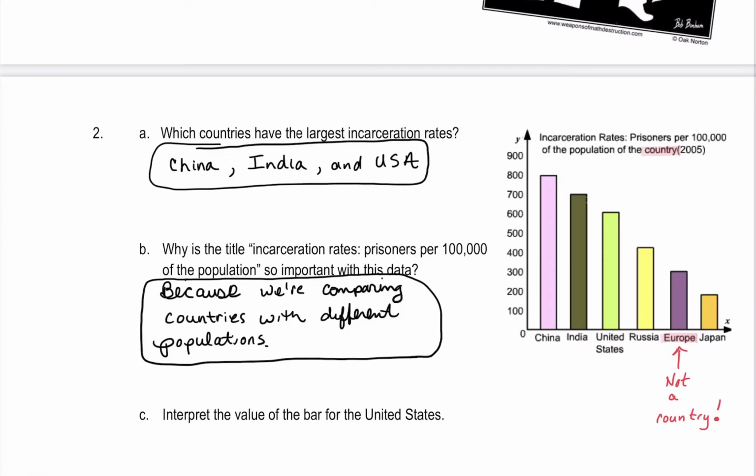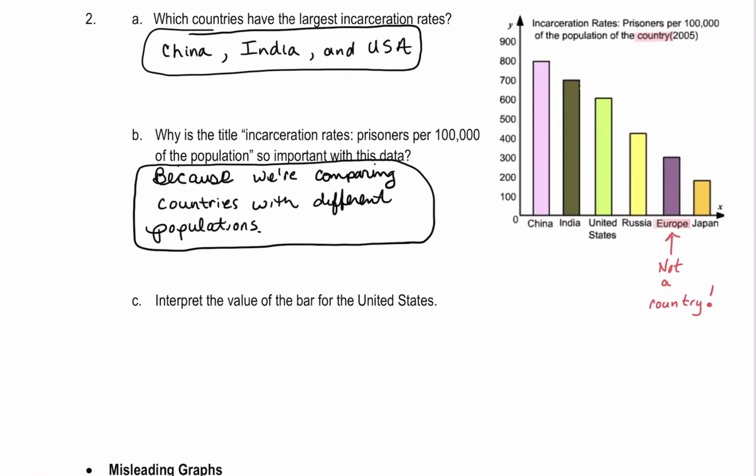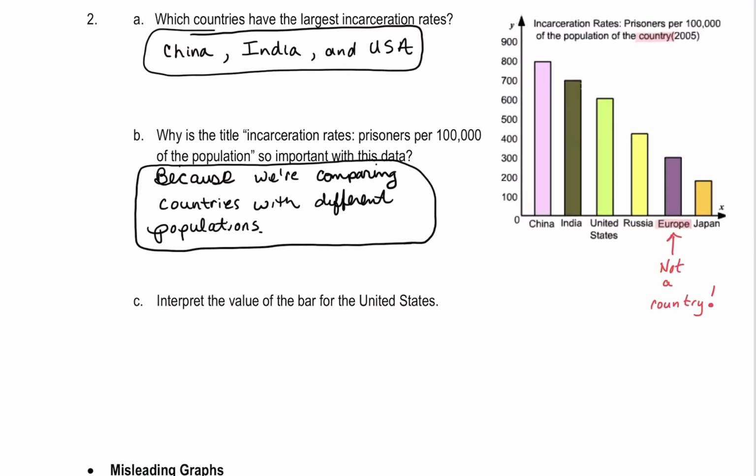All right, last part of this one is just a specific interpretation for, in this case, the United States. And so we're going to assume that's right around, it looks like, a height of 600. And so what does it mean to say prisoners per 100,000 in the population?